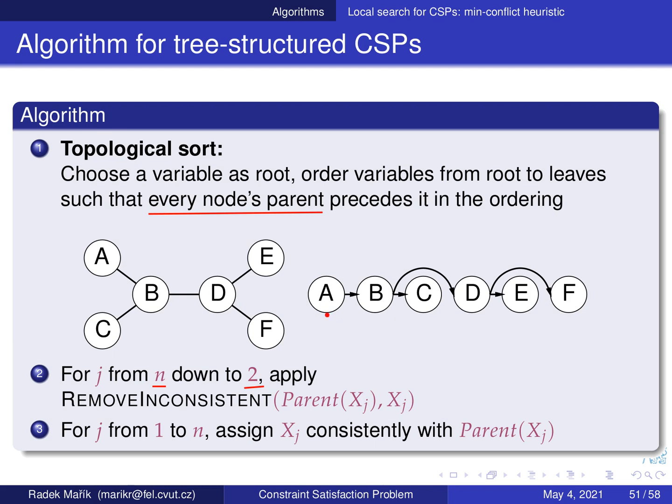So at first you assign A, you select any kind of remaining legal value, then assign B based on the selection of A value, C based on the selection of B, and so on. So very nice approach.